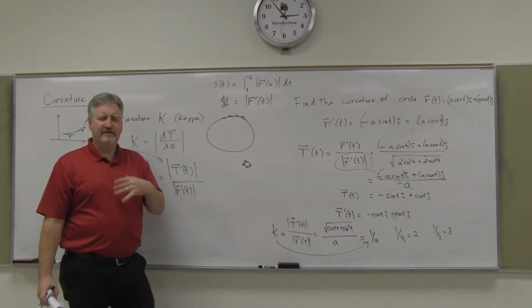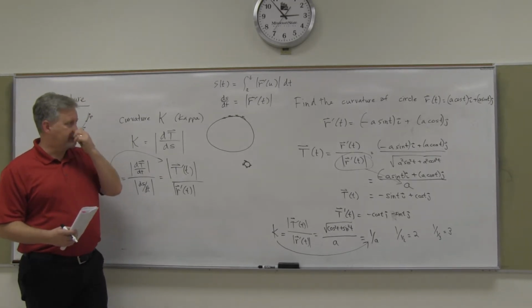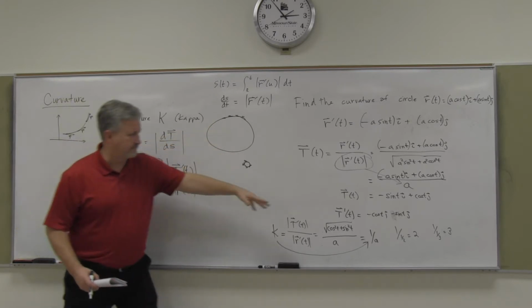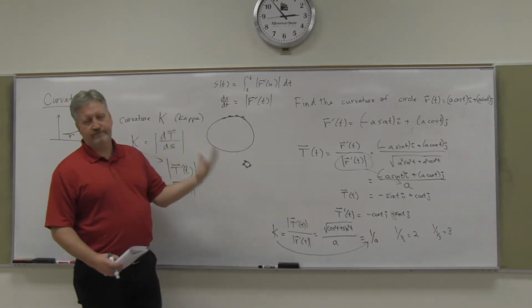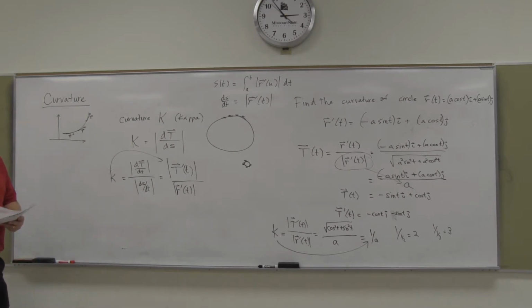So you can get a feel for what this means. It's the rate at which the direction is changing. It changes faster for small circles. For larger circles, the curvature doesn't change very much, so smaller curvature. Anyway, just to give you an idea.